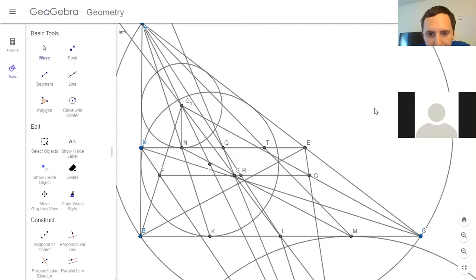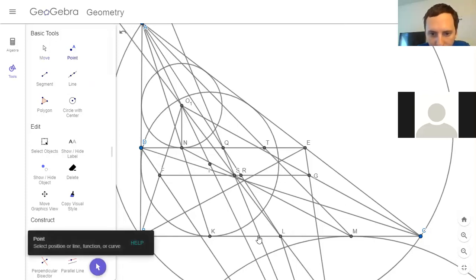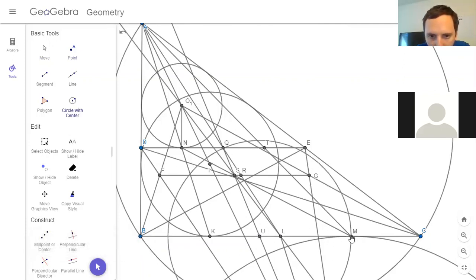Let's see. You just have to find a... So yeah, we want to show NQS is similar to... Yeah, I didn't even draw this point right here. And we know that this confers.